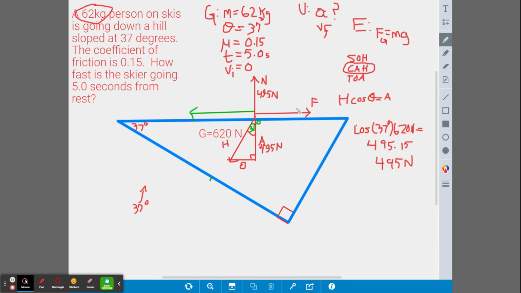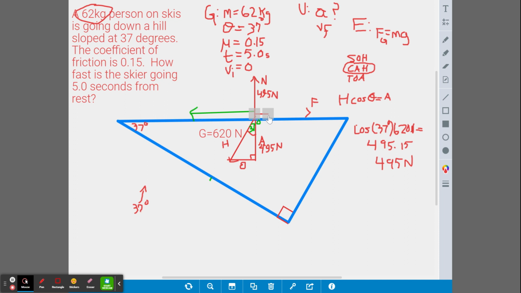Now I'm going to solve for friction, and I'm going to make a little adjustment to the vector I drew for friction because friction is going to be less than gravity going this way. Just to make it a little more accurate, more to scale, I'm going to adjust my line here.